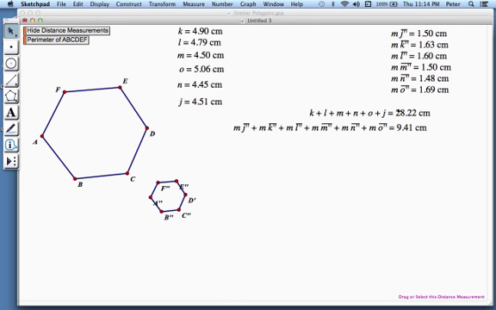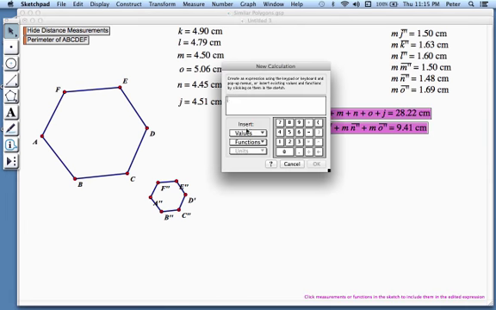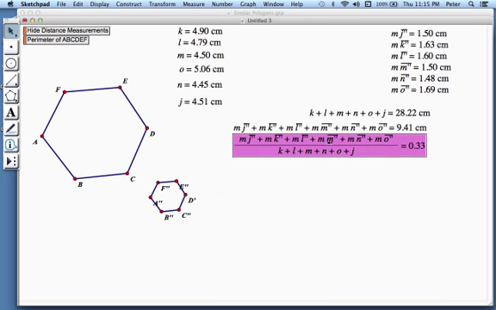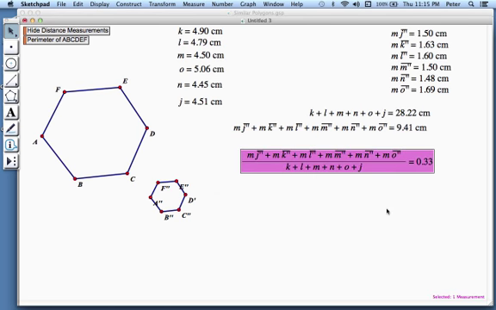So let's take a look, see if it works. And sure enough, when I compare them, I do get the ratio of the sides. Sure enough, when I compare the ratio of the perimeters of the small hexagon to the large hexagon, it's the same as the ratio of the sides. Let's get that theorem down.